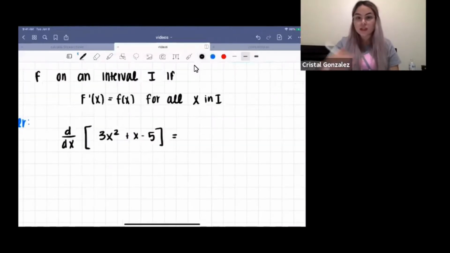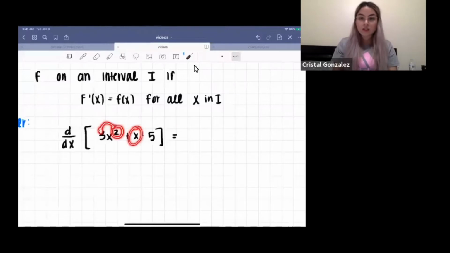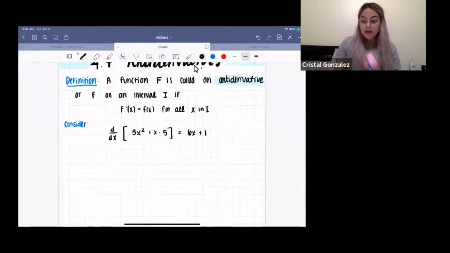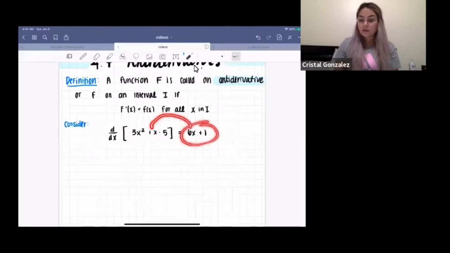We would just use the power rule. We're dealing with a polynomial, nothing too fancy here. Do the power rule, bring the 2 up to the front. This is just x, so it's going to be 1. And so my derivative of this is just 6x plus 1. Easy peasy.